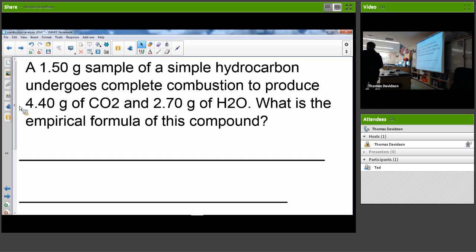That's what it will mean in this class. So it's only made out of 2 elements. And what are they? All right, carbon and hydrogen. That makes this much more simple. A 1.5 gram sample of a simple hydrocarbon undergoes complete combustion to produce this much CO2, this much H2O. What is the empirical formula of this compound?